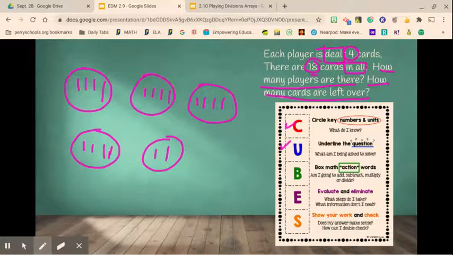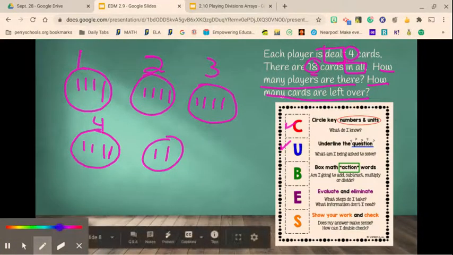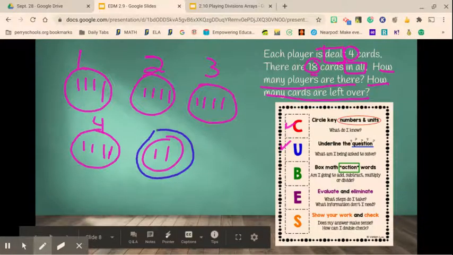Now, I'm looking to see how many players got 4 cards. So here's 1, here's 2, 3, and 4. This person didn't get 4 cards, so what we have is a remainder of 2. So this is going to be my remainder.